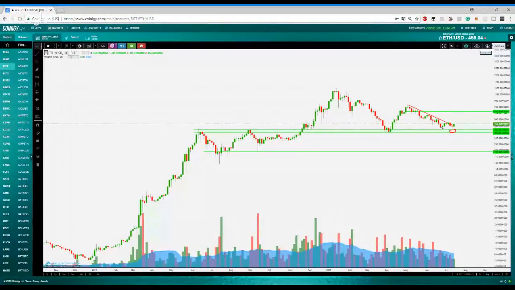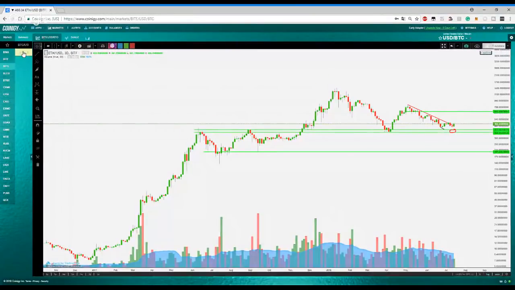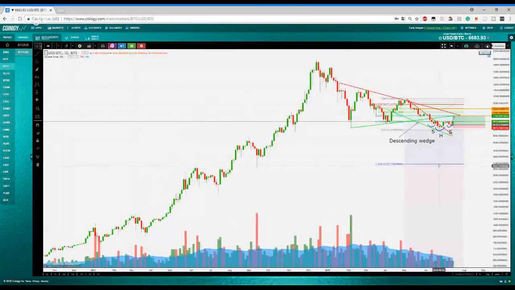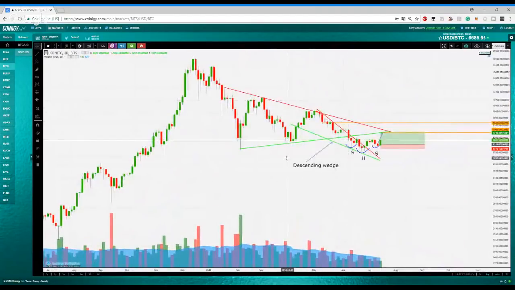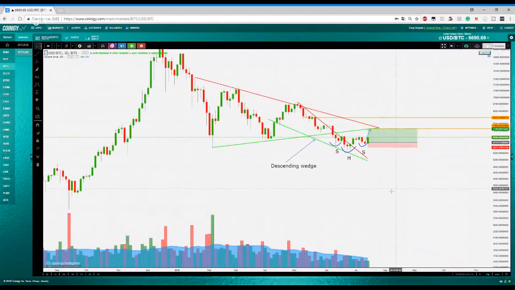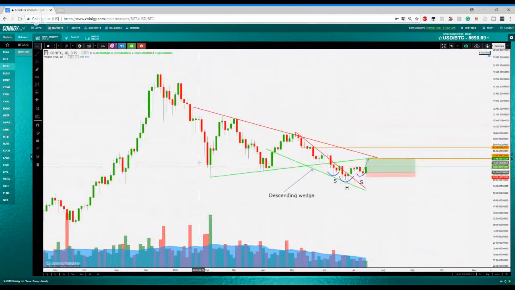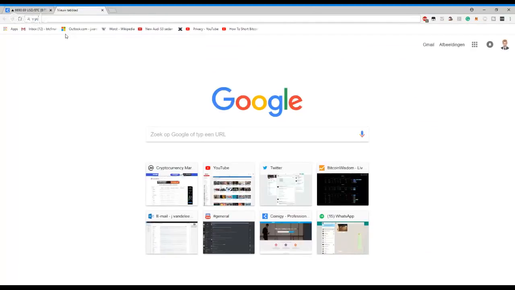Gonna start off with Bitcoin as usual on the Bitstamp chart. There's a couple of things I would like to discuss with you before we actually get into the shorter term. For the ones that have seen my Wyckoff accumulation video a while ago, just going to grab the Wyckoff accumulation pattern.